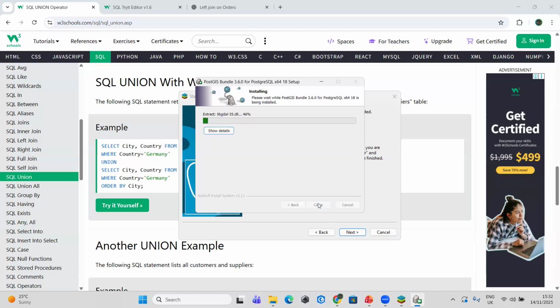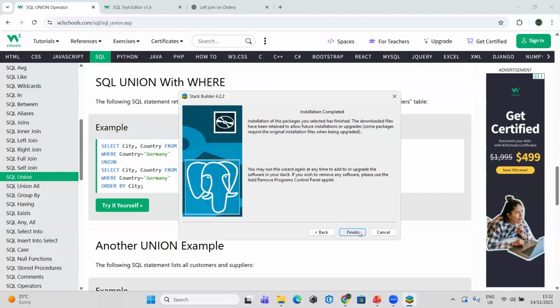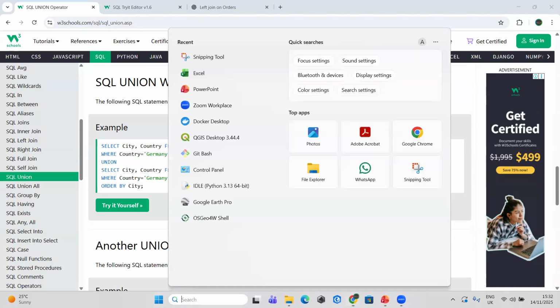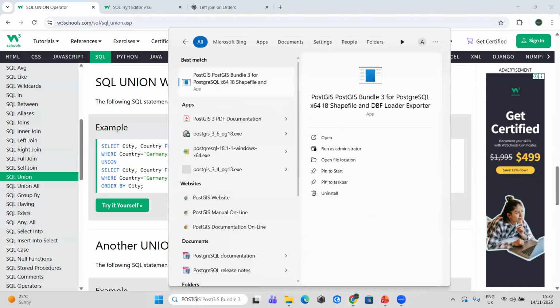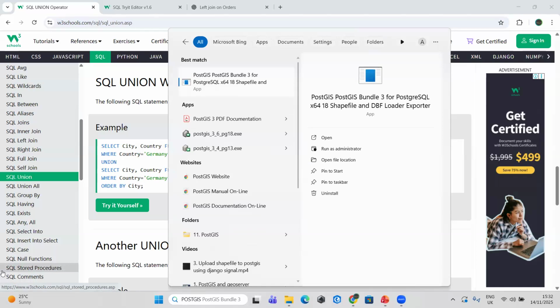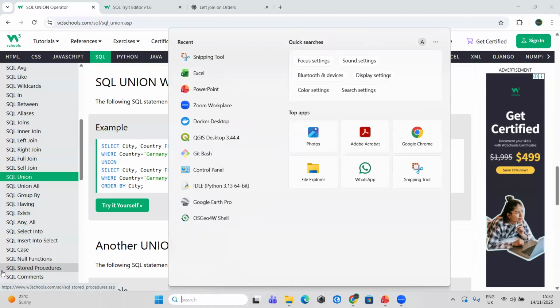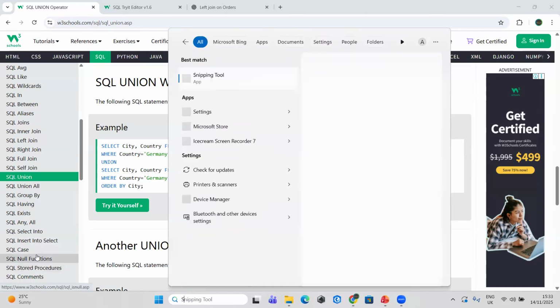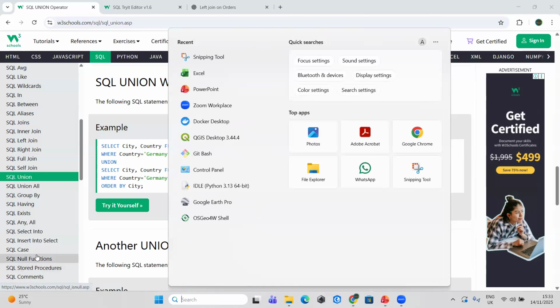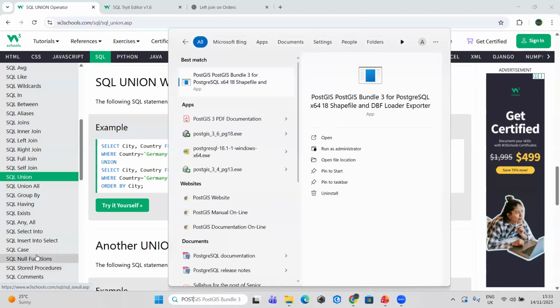Database name. Just check if you are writing here Postgres. Is it showing up?